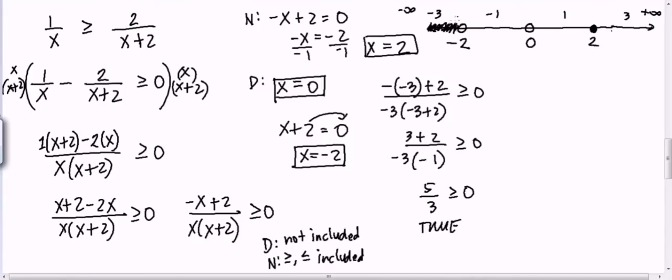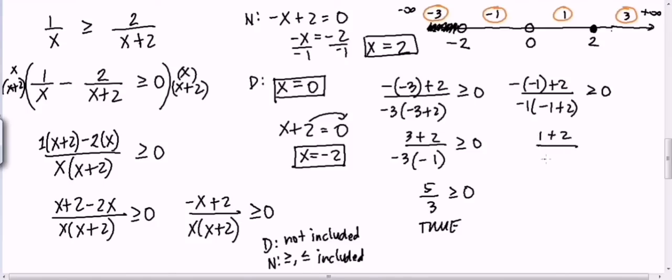Ayan. Okay, next interval, I will use negative 1. So, ito yung mga values na pinili ko ha. Ayan. So, ang gagamitin ko naman, negative 1. So, salpak ko siya ulit doon. So, negative x. So, negative times negative 1 plus 2 over negative 1 times negative 1 plus 2 is greater than or equal to 0. So, positive 1 plus 2 over negative 1 times 1 greater than or equal to 0.